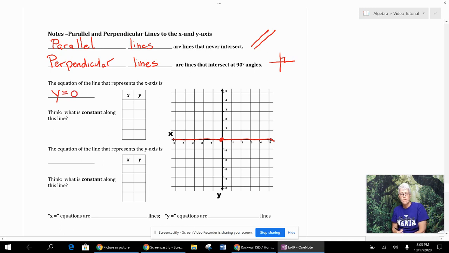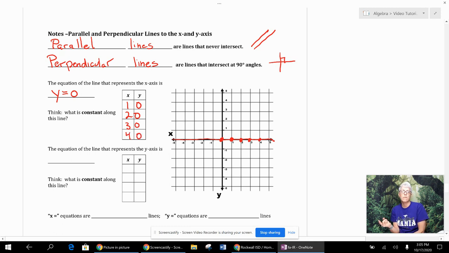And I can verify that. I can pick some points on the line. If I picked this point right here, the name of that point would be 1, 0. This point would be 2, 0. This point on the line, 3, 0, and then obviously the last one, 4, 0.